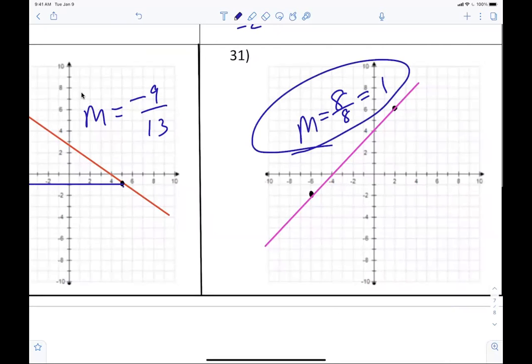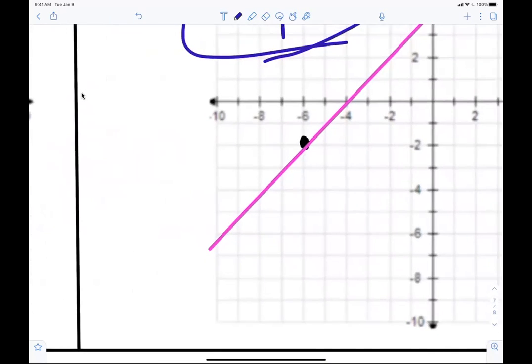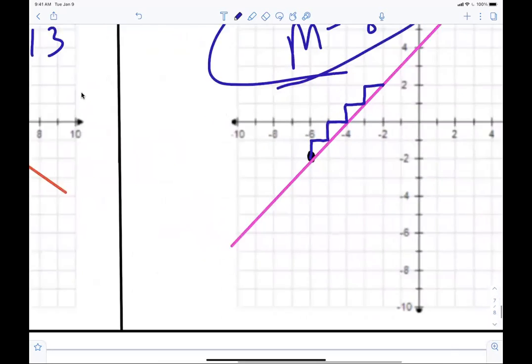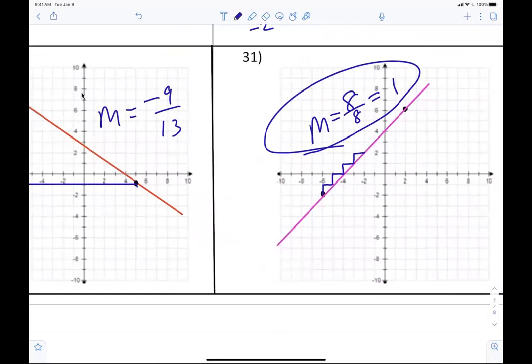It's not asking for an equation. It's saying, what's the slope? 1/1. Up 1/1, up 1/1. Yeah, the slope is 1. m equals 1. Yes.